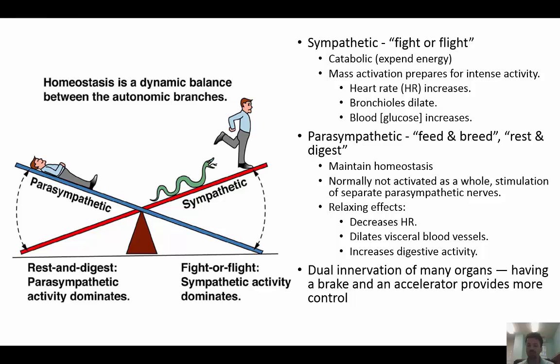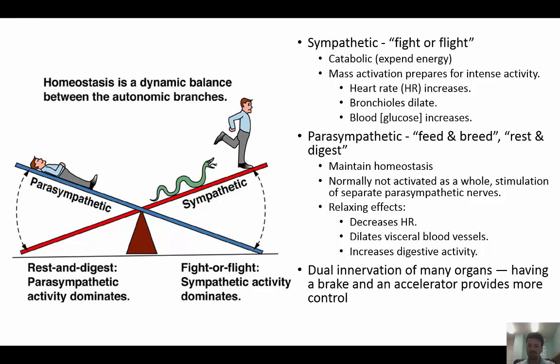Your blood glucose levels will increase so that there's more energy coming to the body. Your eyes will dilate so that more light can get into your eyes so that information can be processed by the brain. And so once you know that the overall effect of the sympathetic nervous system is fight or flight, it gives you a general idea of what's going to take place when the sympathetic nervous system is activated.